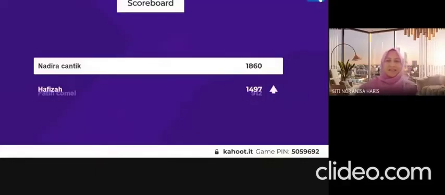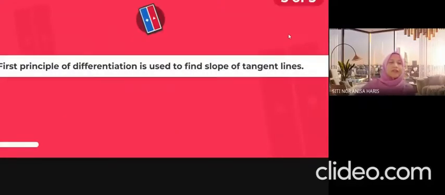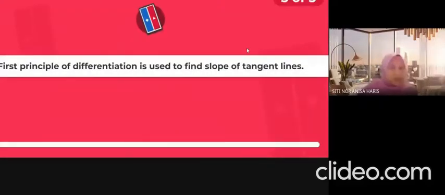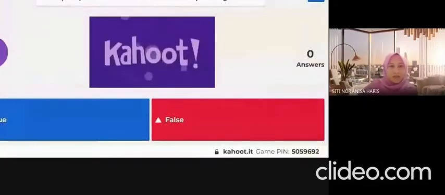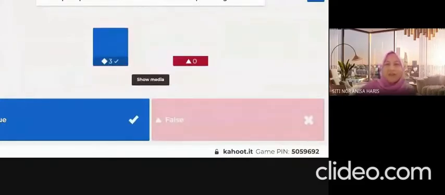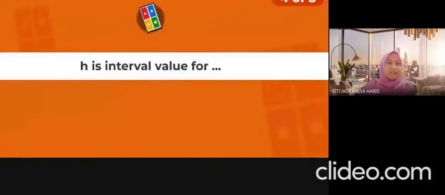Next. True or false? The gradient is used to find the slope of the tangent line. Is it true or false? All of you got the true answer. Next.